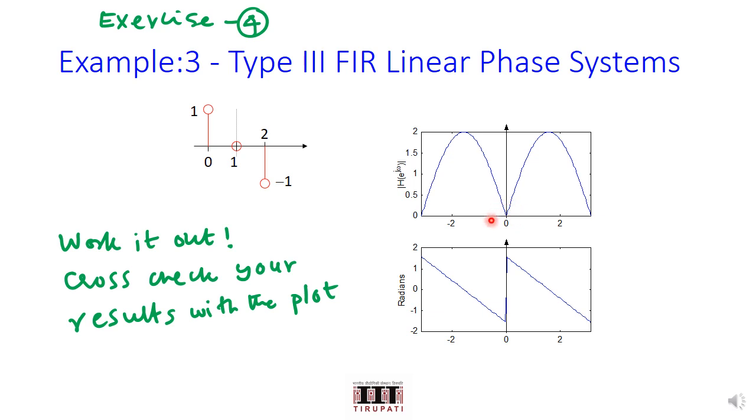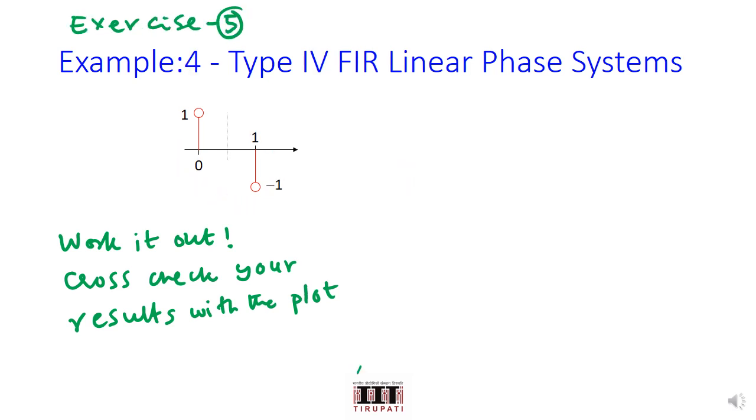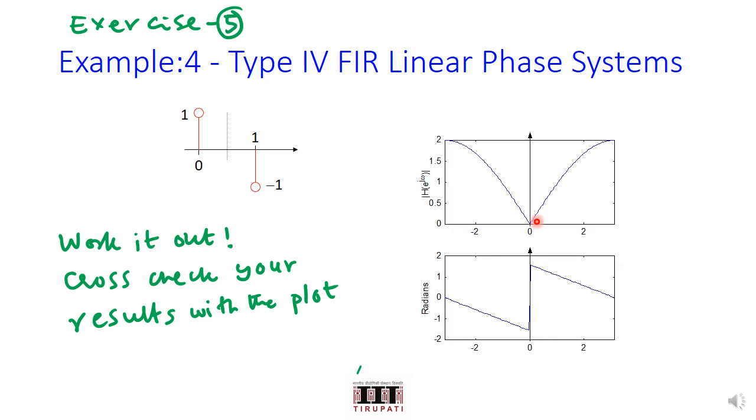Plus 1 means it should be 0 at z equal to 1, omega equal to 0, and minus 1 means at minus pi and plus pi. There could of course be other zeros depending on the kind of function you have considered. The next exercise for you is an antisymmetric and even-length sequence, right? Work it out, and this is what you would be getting.